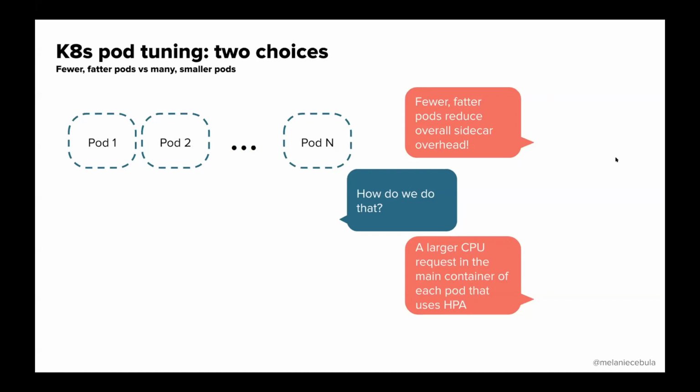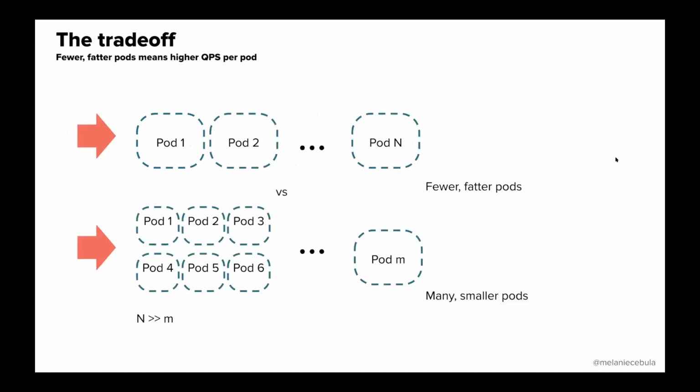It's a little bit confusing because it's actually the interaction of the CPU requests and how HPA scales your pods up and down given that. So fewer, fatter pods means higher QPS is sent per pod to achieve the overall same utilization. And this arrow is traffic going to your service, balanced across all the pods.